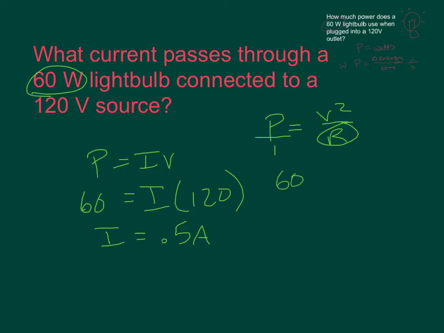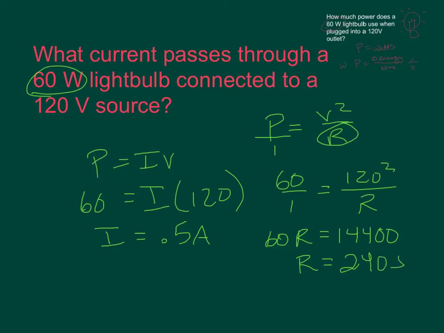So we have 60 over 1 is equal to V squared, so 120 squared over R. So we get 60 R is equal to 14,400. So R equals whatever that is divided, 240 ohms. So that's a way that we could use one of the other power equations to solve our problems.